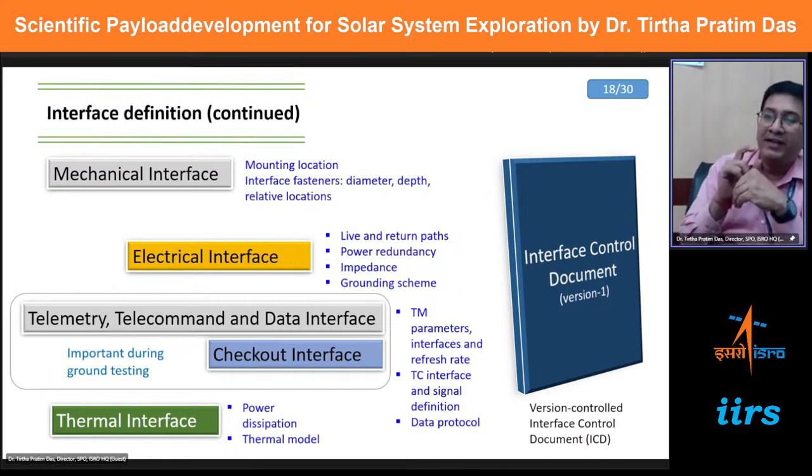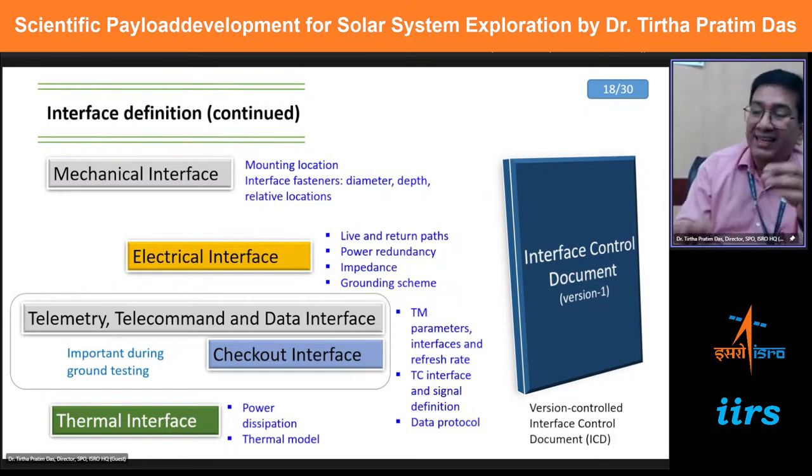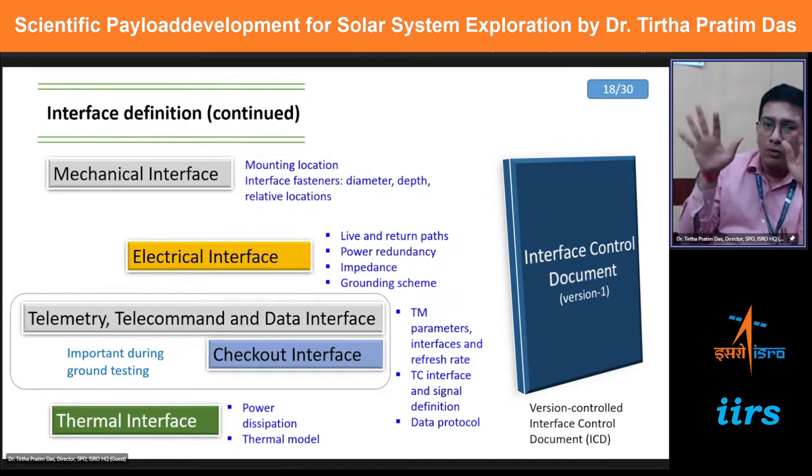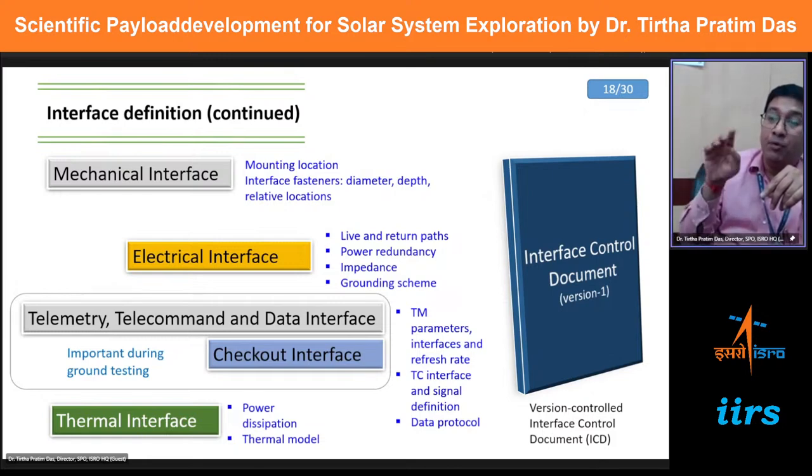And one of the interfaces is the checkout interface. Checkout interface is for checking, as the name suggests, right? Checkout interface is a ground-based interface which does not fly to space, which allows you to test the performance or the response of your instruments with respect to some stimulus. That is called a checkout interface, which is important for ground-based testing.